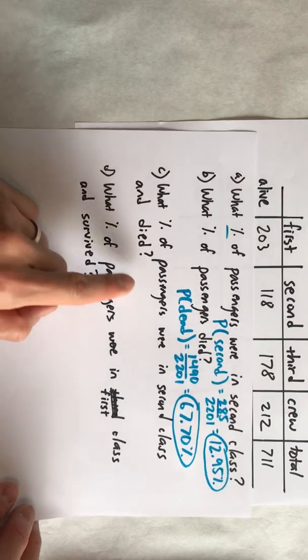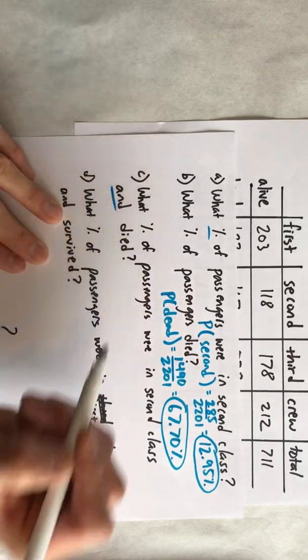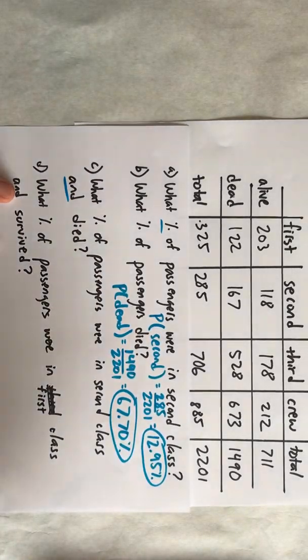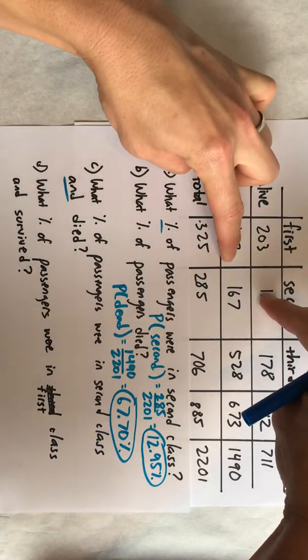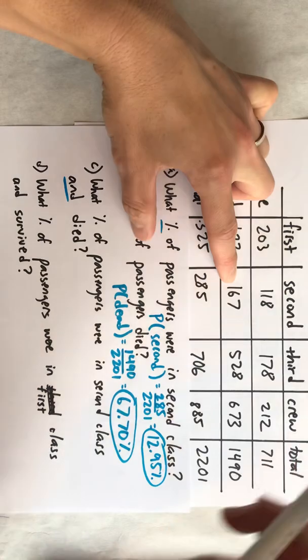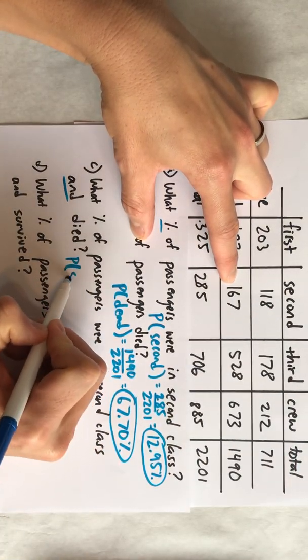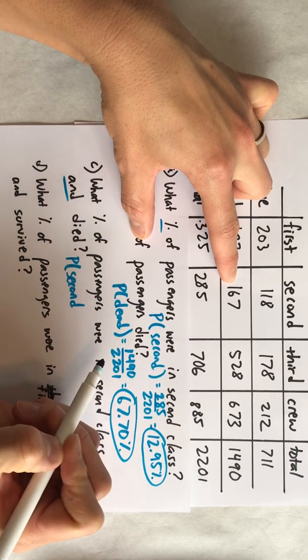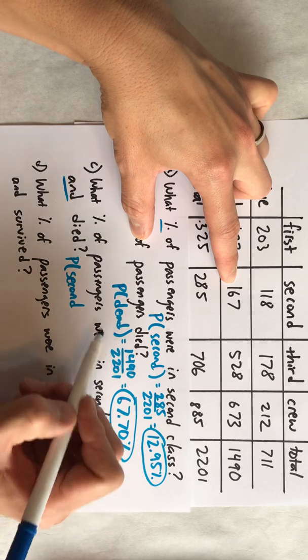What percentage of passengers were in second class and died? So now this keyword "and" here tells us we're looking at people that were second and died. So we're looking at 167. So the probability of someone being second, okay? And I'm gonna introduce you to a new symbol.